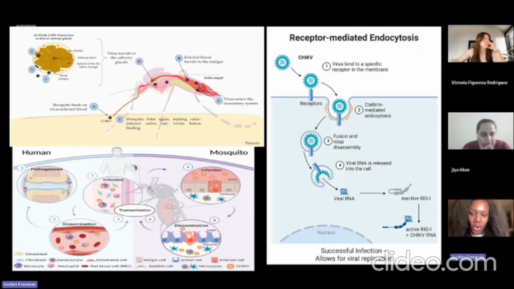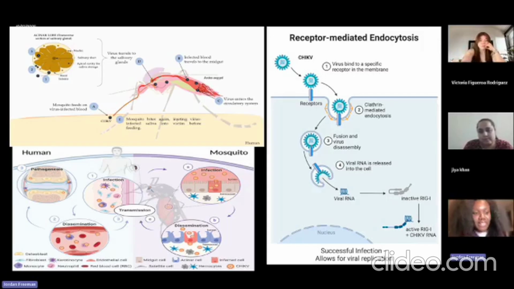This factory copies the RNA many times and then makes the structural proteins to build new viruses. These new viruses then move to the surface of the cell, bud out, and spread to infect nearby cells and tissues. That's how an infection expands in the body within a few days after the mosquito bite.